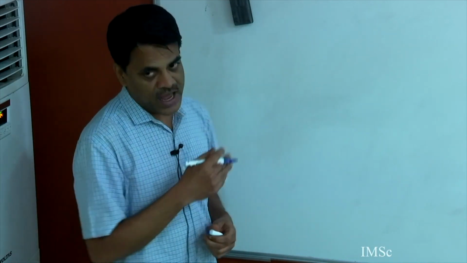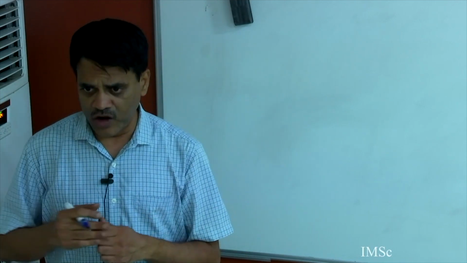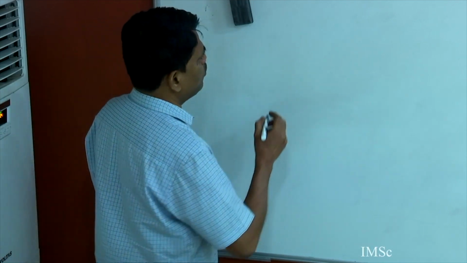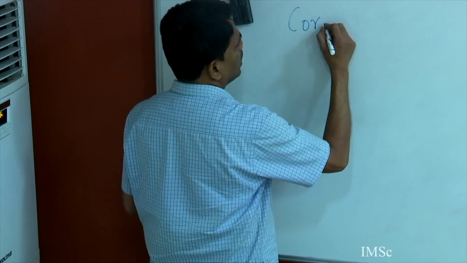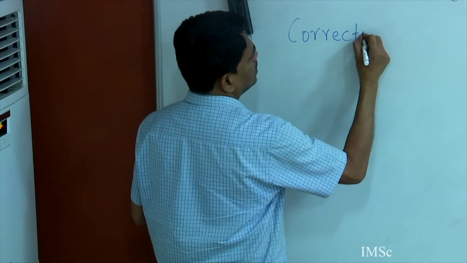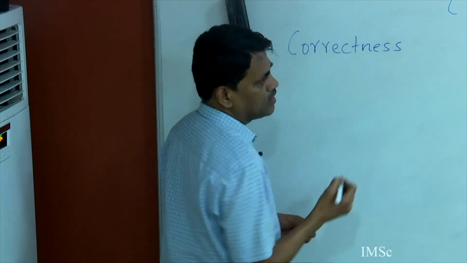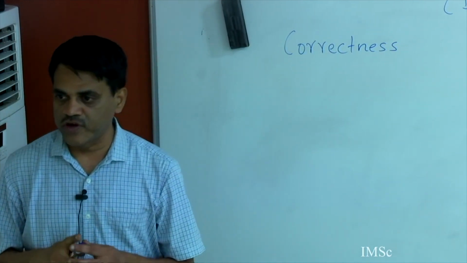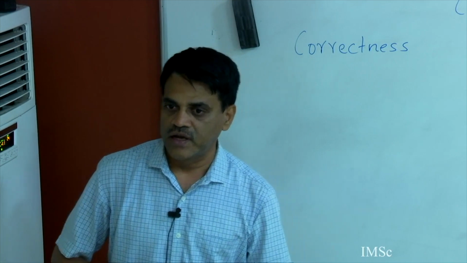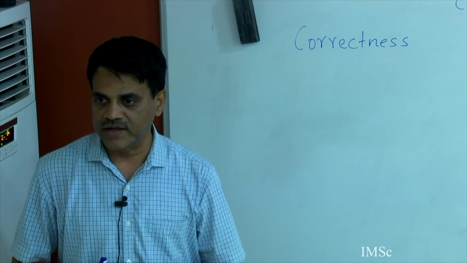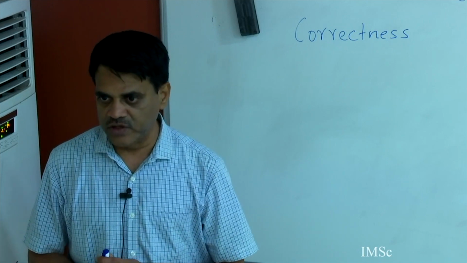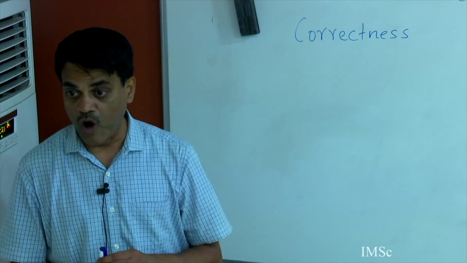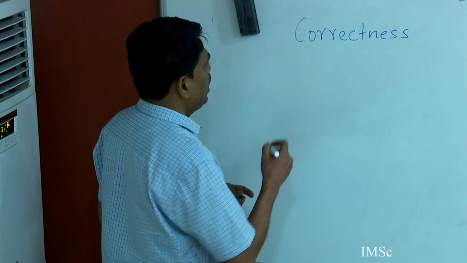And one of the things, as all of you are mathematics students, we will also be worrying about correctness of the algorithm, right? It's not just enough for your algorithm to be efficient, but you want it to be correct, and it means it's expected to do whatever it's expected to do on all inputs.